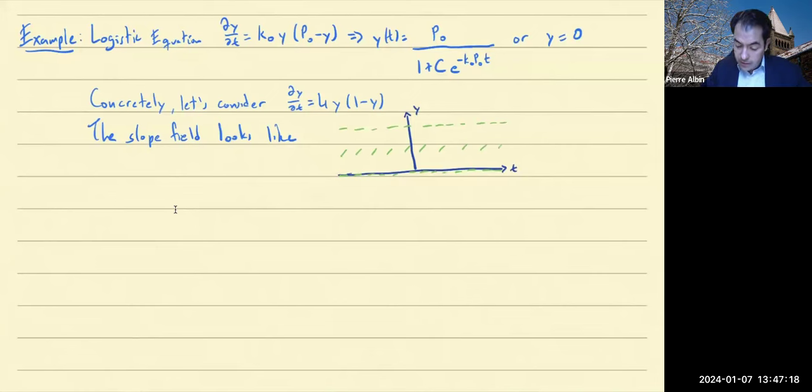Below that, the slope is going to be growing between 0 and 1. So we're going to have small slope here growing towards 1.